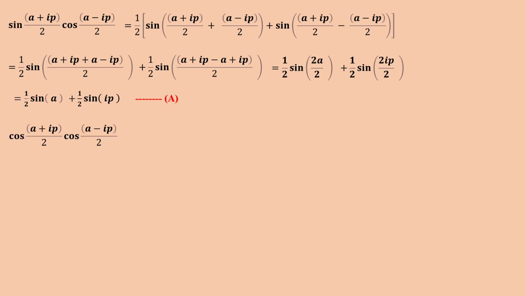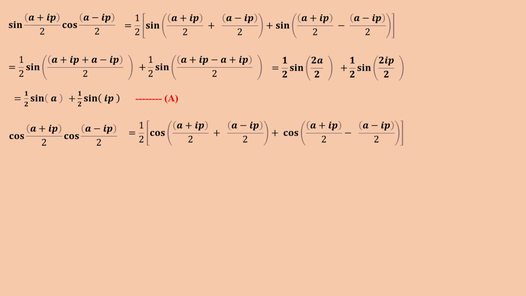Next we are going to use the second formula, cos a plus ip by 2 cos a minus ip by 2, the cos a cos b formula: half cos of a plus ip by 2 plus a minus ip by 2, plus half cos of a plus ip by 2 minus a minus ip by 2. Similarly taking the LCM, half cos of a plus ip plus a minus ip by 2, plus half cos of a plus ip minus a plus ip by 2.